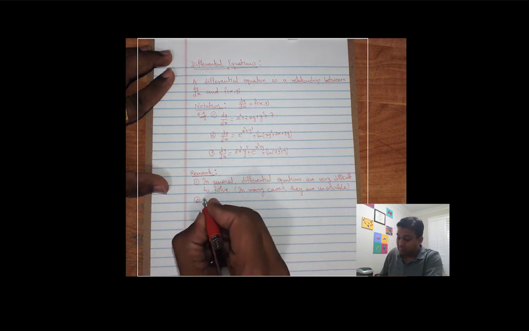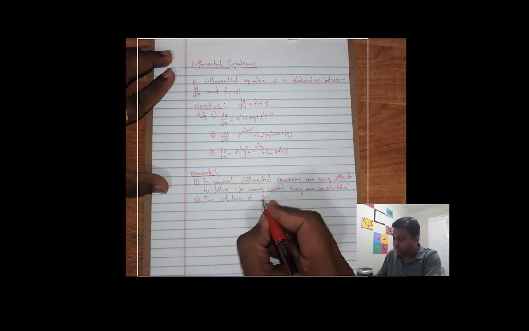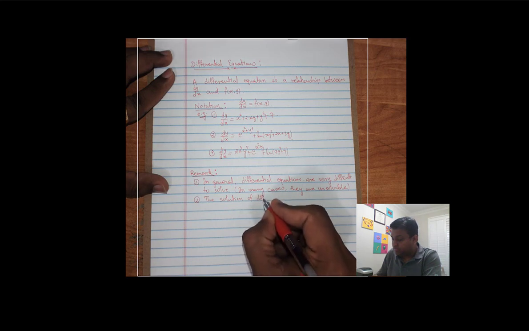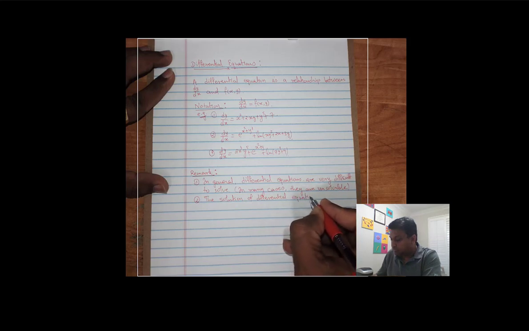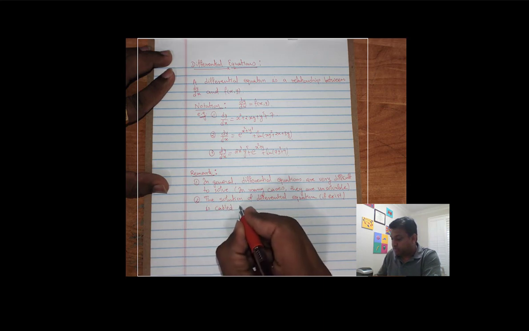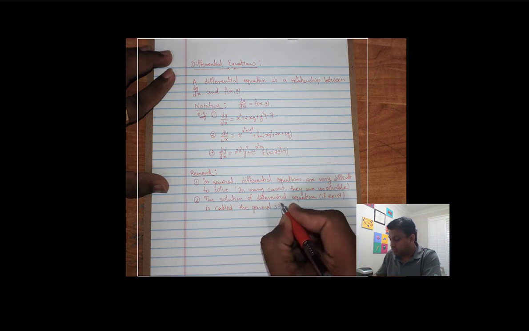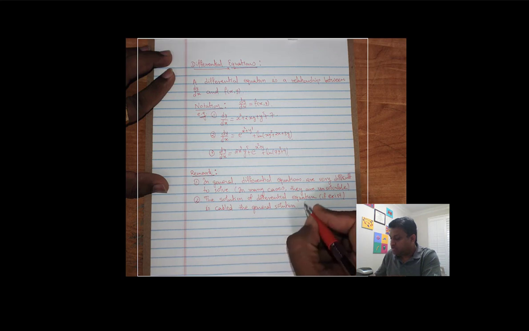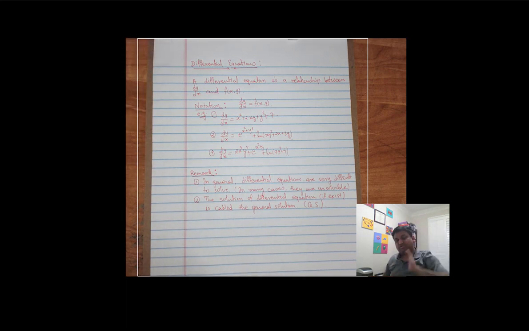All right, the solution of differential equation, if it exists, is called the general solution. In short, I will write G.S. to represent the general solution of differential equation.